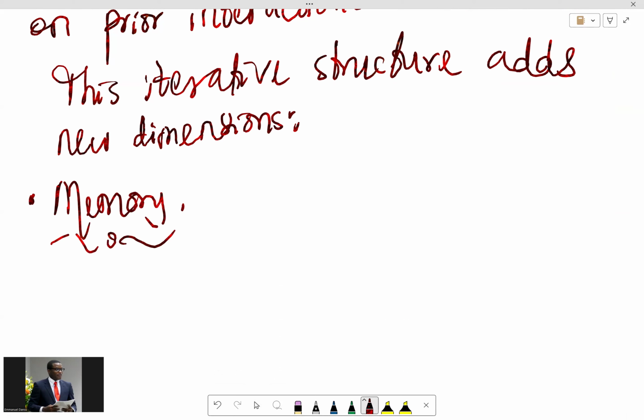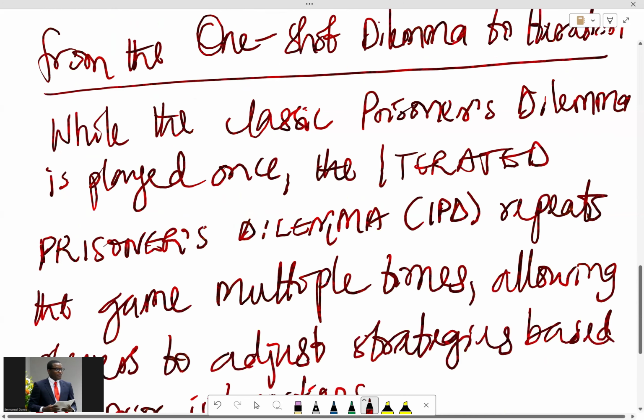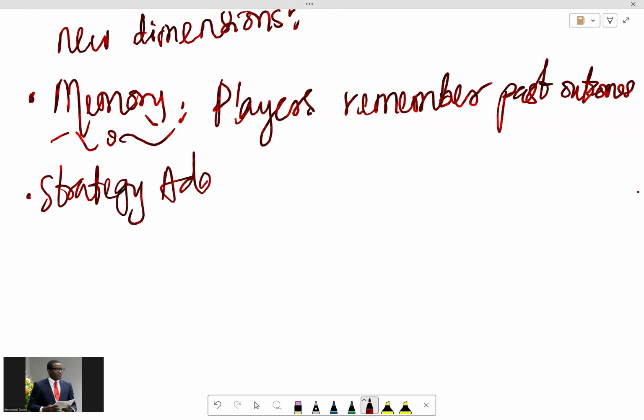Okay. Memory is involved here because players remember past outcomes. So there's memory in iterated prisoner's dilemma. Then again, we have strategy adaptation.